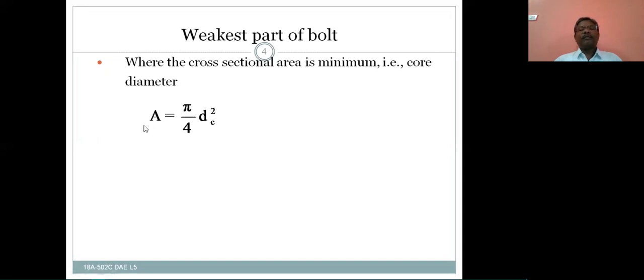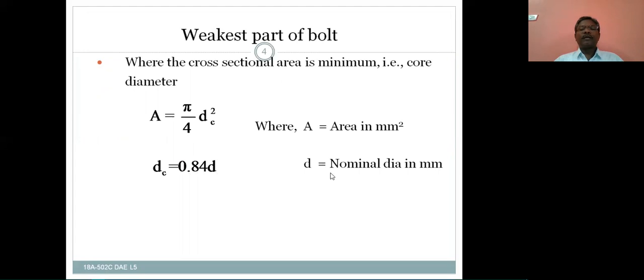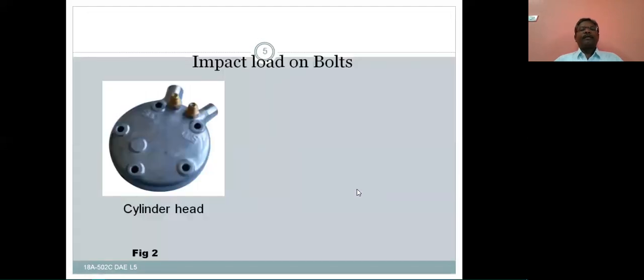That means the area of the threaded portion at core diameter is pi by 4 dc square, where A is the area at root in millimeter square, and core diameter dc is equal to 0.84 times the nominal diameter d, where d is the nominal diameter in millimeters and dc is the core diameter in millimeters.